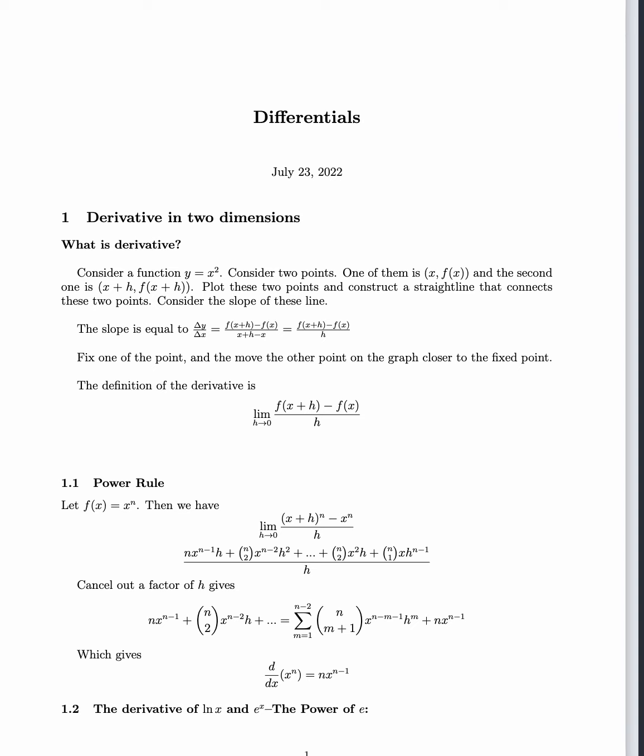Continuing with the power of e, which covers the derivative of ln of x and e to the x power. So let's get started.